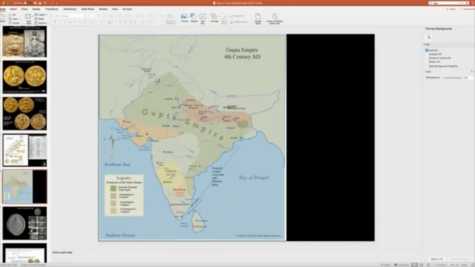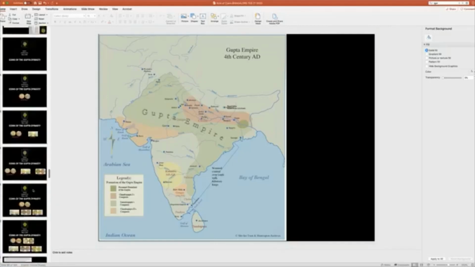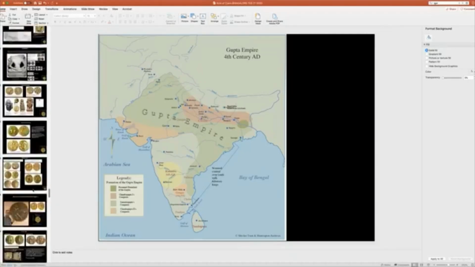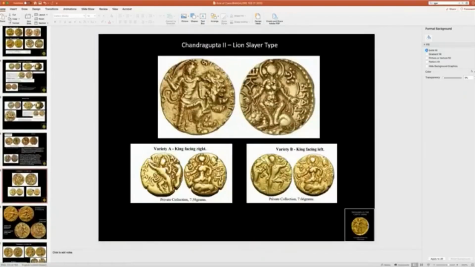So this region was under the control of western Kshatrapas. And it's only under Chandragupta II's reign that this area was conquered. So once this area was conquered, that is when we assume that this lion slayer type was issued.